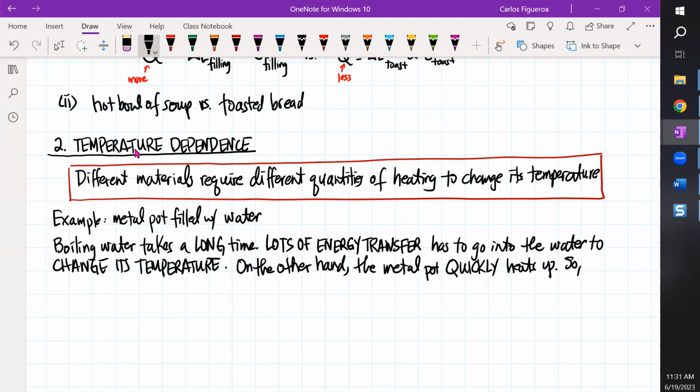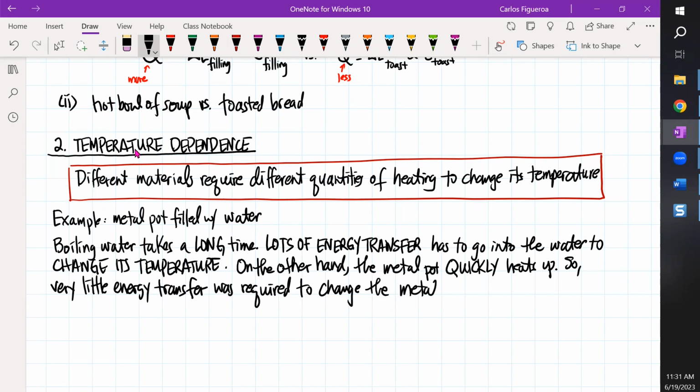So very little energy transfer was required to change the metal pot's temperature.